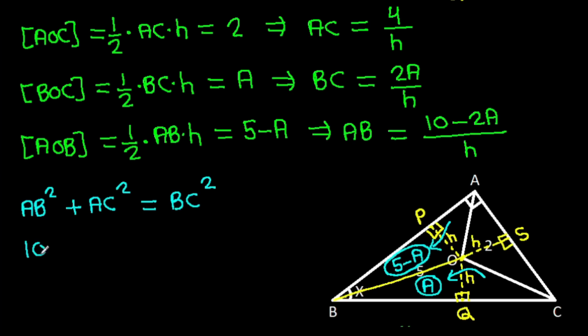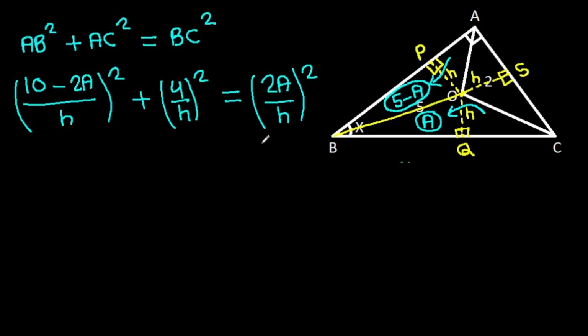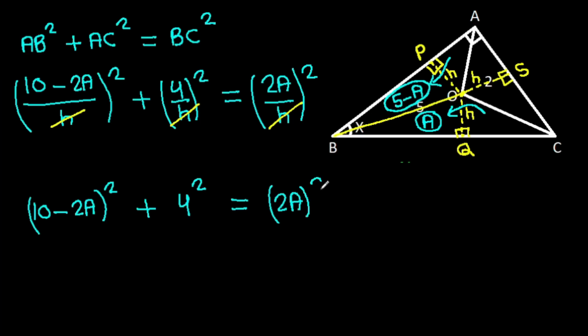AB is (10 minus 2A) over h, square, plus AC is 4 over h, square, is equal to BC, which is 2A over h, square. h square will get cancelled, and it is (10 minus 2A) square plus 4 square is equal to (2A) square.